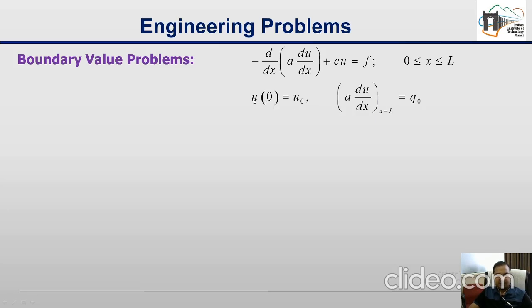The boundary condition is like this: whatever the dependent variable is, it is related with the geometrical condition. And we have two geometrical conditions. If the geometry varies from 0 to L, at x equal to 0 the value of y is given, and similarly the derivative of this primary variable is given at the other geometrical domain.